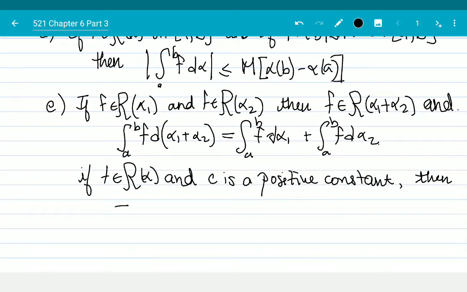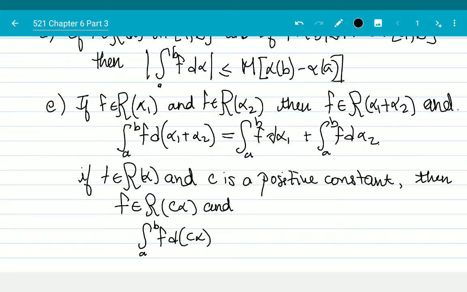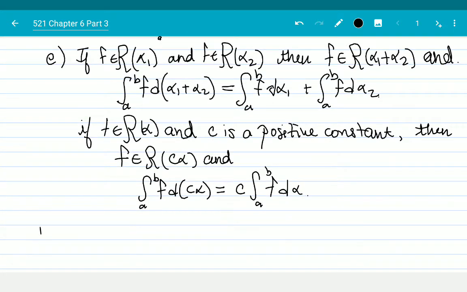Then f belongs to R(C alpha), and the integral from a to b of f d(C alpha) is equal to C times the integral from a to b of f d alpha. Okay, I am not going to prove all of these.